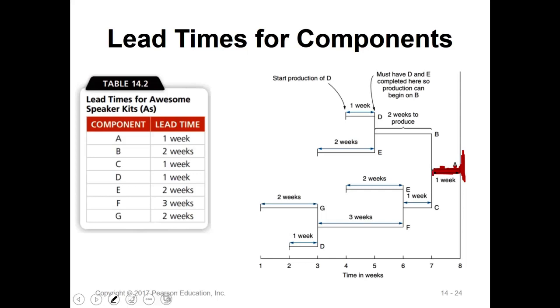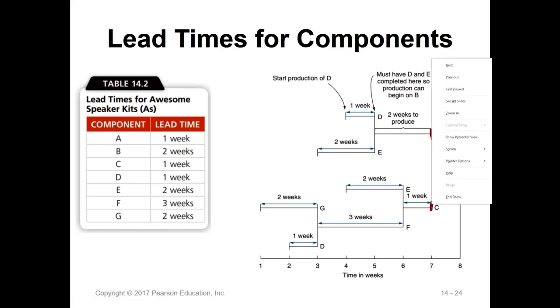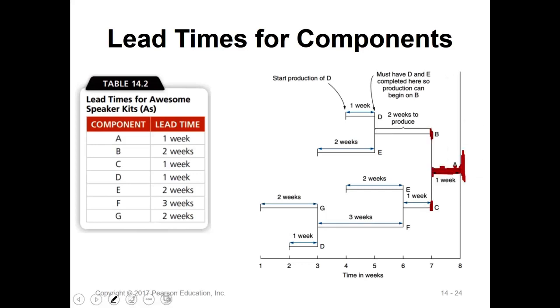And because A needs B and C, at this deadline you need to receive B, and here is the receive point for C. But B needs 2 weeks, so here is the next layer. B is 2 weeks, and C needs 1 week.